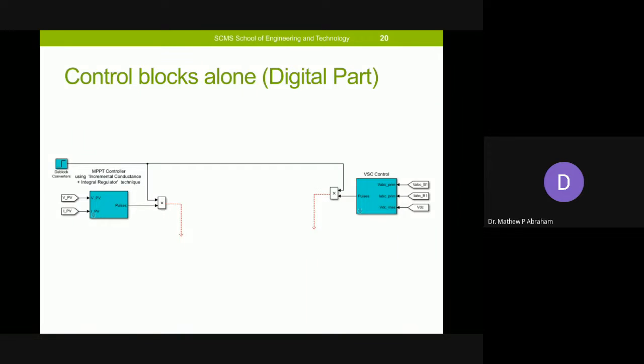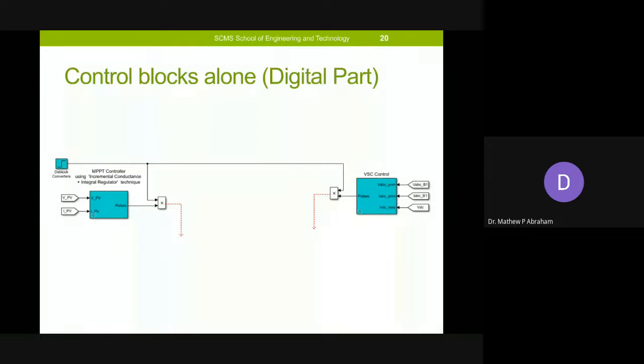So what we have to do is remove all the physical or analog part from the program. These are the two blocks which are the control parts, and these are to be converted into real-time code. So we can separate them out.